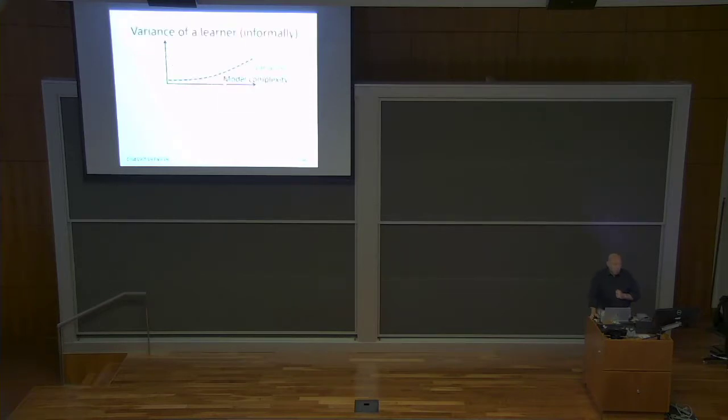So we explained it using these two notions. I'm not going to go into the details now, but I want to focus on one important point that we'll see multiple times this semester. One of them is the variance. That is, how susceptible is the learner to minor changes in the training data. And the intuition that I try to sell you on is that as the model complexity grows, you're more susceptible to changes in the training data.